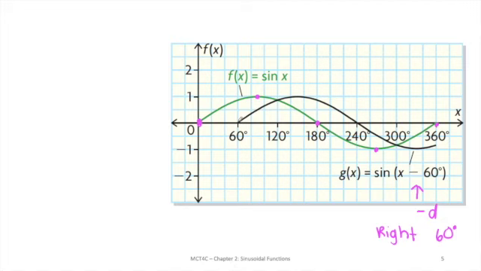This one is going to come over 60 degrees, this one over 60 degrees, this one over 60, over 60. And then because your graph only goes to 360, we actually can't graph that last one. It would be over at 430.